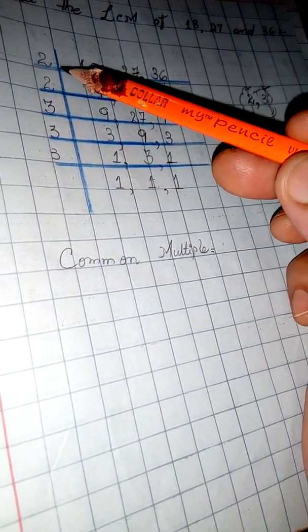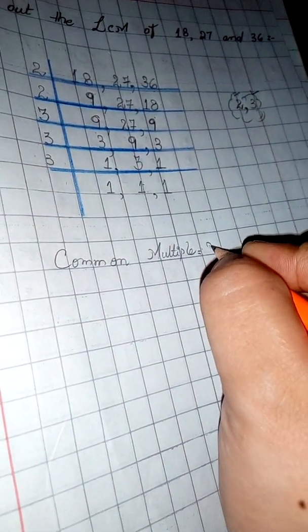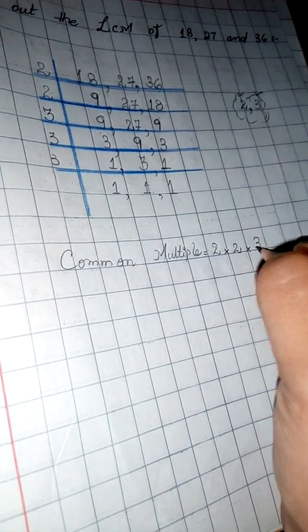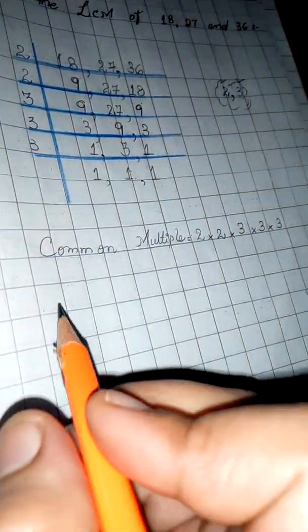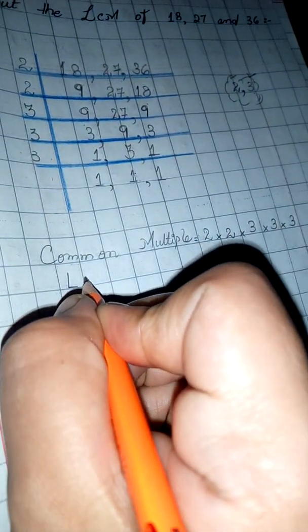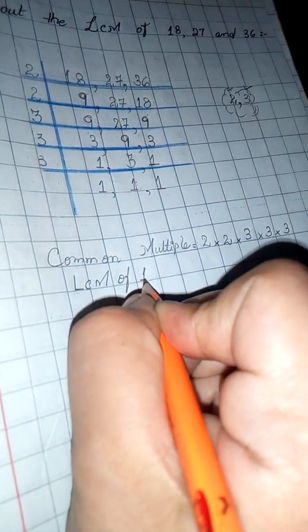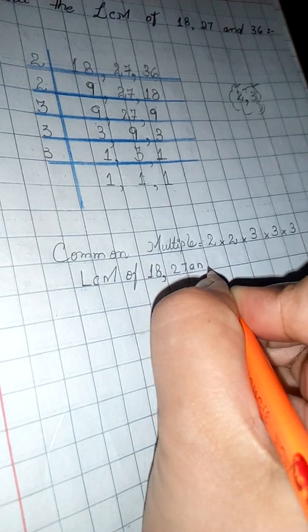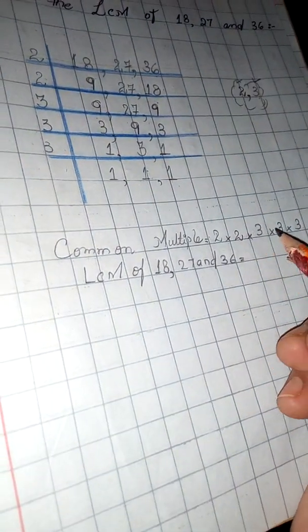I'm going to multiply all these prime divisors. First you have to write down in this step 2 multiplied by 2 multiplied by 3 multiplied by 3 multiplied by 3. In the last step you are going to find out the LCM of 18, 27 and 36. Multiply all of them.